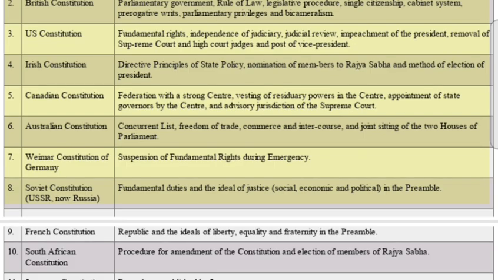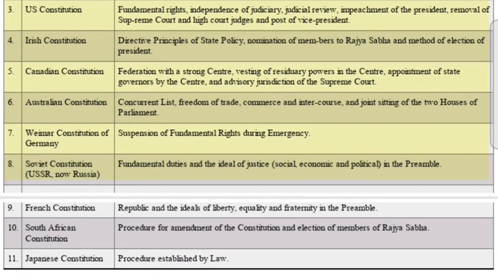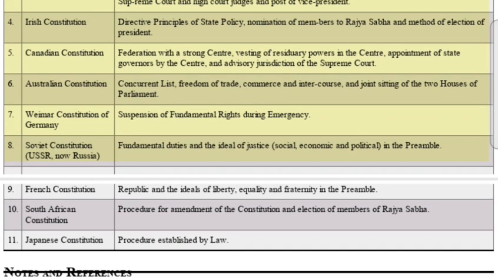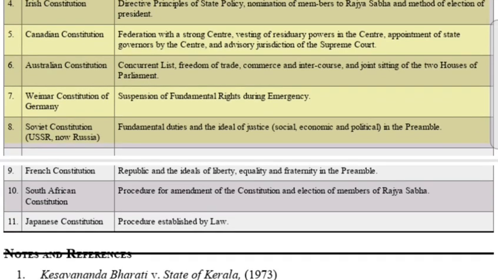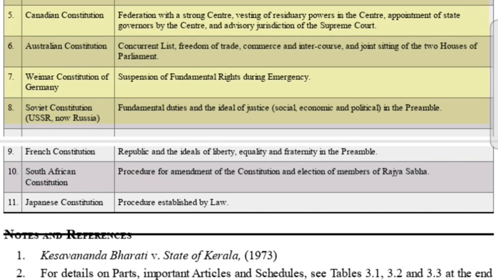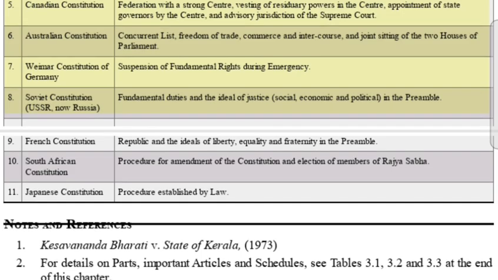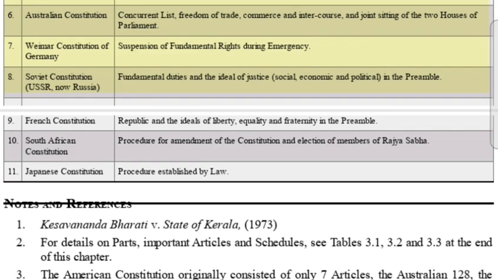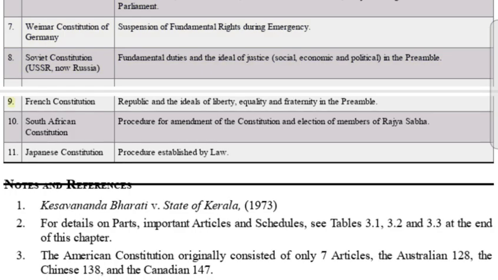6. Australian Constitution: Concurrent List, freedom of trade, commerce and intercourse, and joint sitting of the two houses of Parliament. 7. Weimar Constitution of Germany: suspension of fundamental rights during emergency. 8. Soviet Constitution (USSR, now Russia): fundamental duties and the ideal of justice, social, economic and political in the preamble. 9.